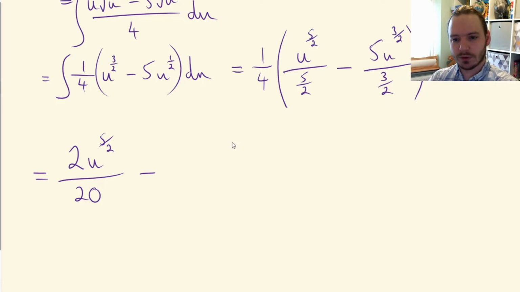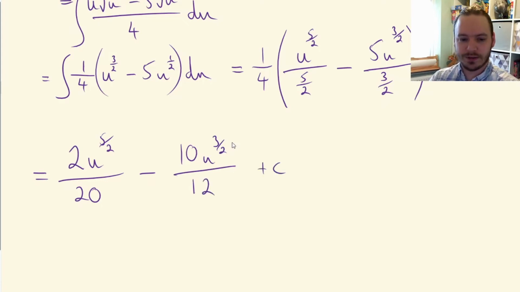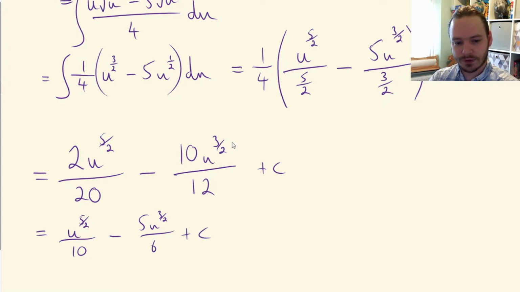And the second one is going to end up being 10u to the 3 over 2 over 12 plus c. Oh, look, factors of 2 in everything, so we can tidy this up slightly more. So u to the 5 over 2 over 10 minus 5u to the 3 over 2 over 6 plus c.